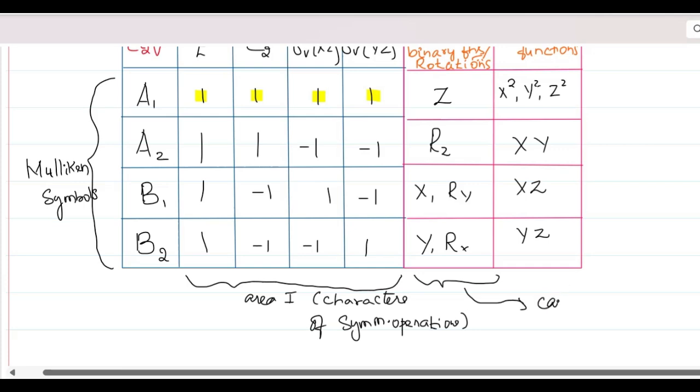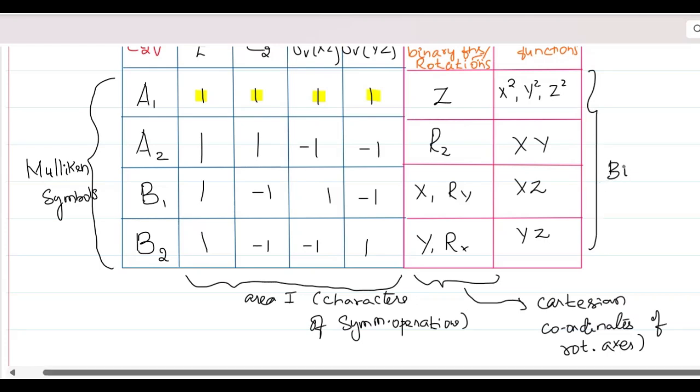Cartesian coordinates of rotational axis. Then these are the binary products.